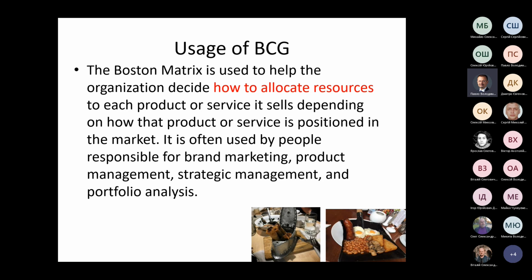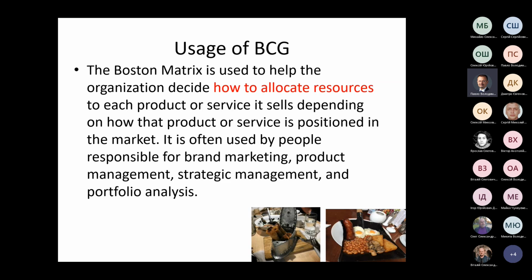Actually, the BCG matrix was initially provided for creating the investment strategy for a diversified company. So if we have a diversified company, we can use this instrument.